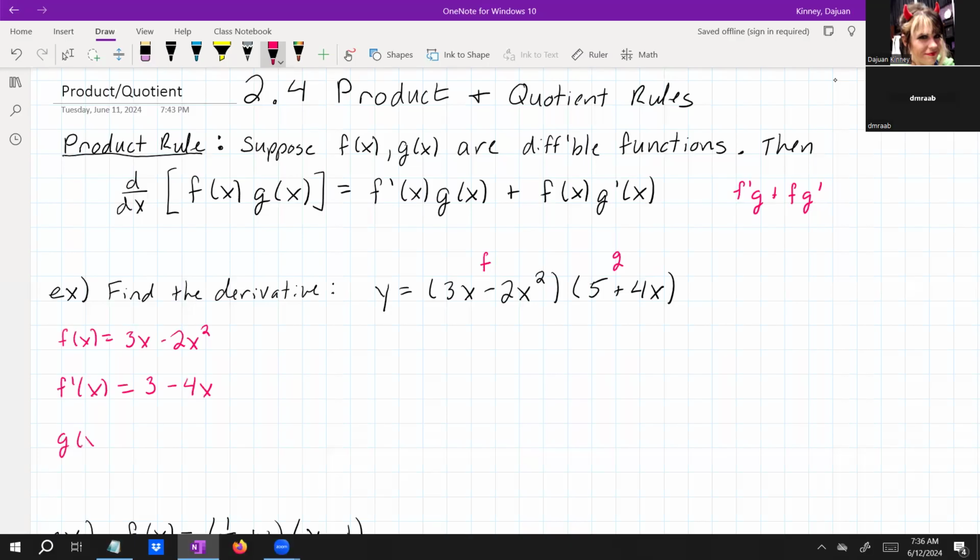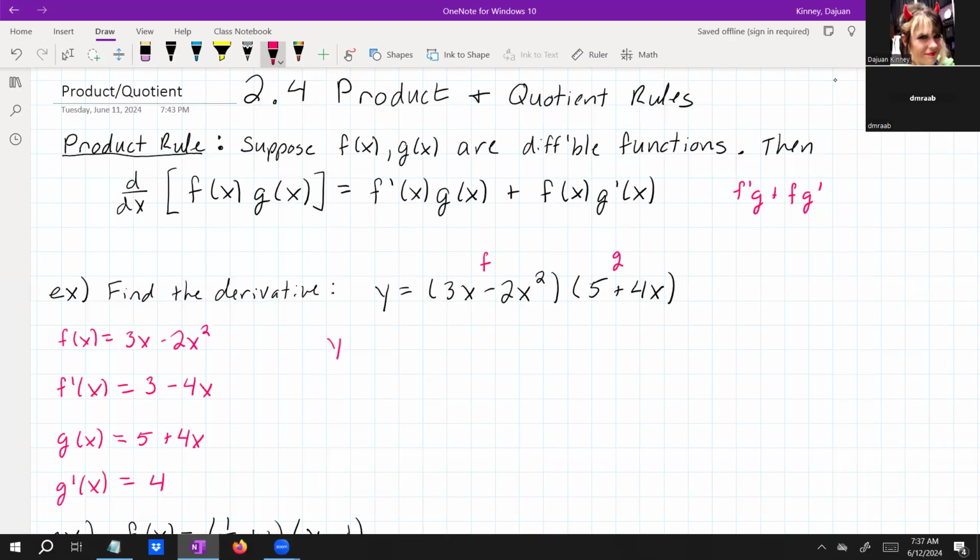Then I find my g and its derivative, 5 plus 4x, g prime of x equals 4. All right, so now we can plug it in our equation.